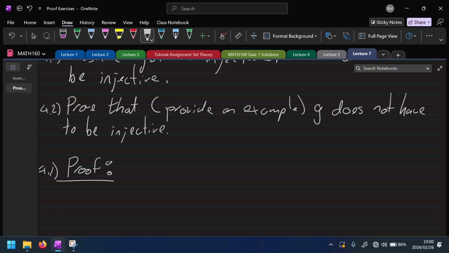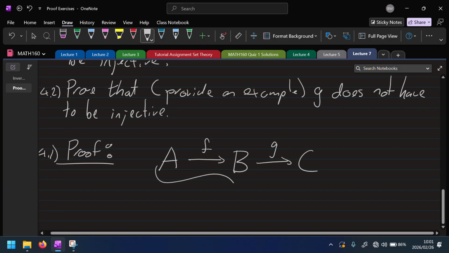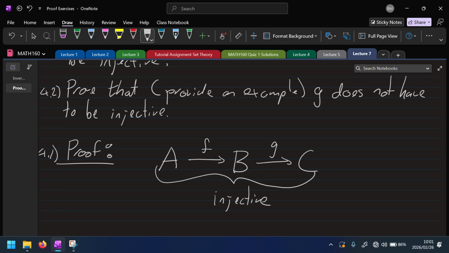So we're going from A to B to C. We've got the composition chain. f takes us from A to B. g takes us from B to C. And we know that the whole thing, the composition, is injective. Now we want to show that just this first one must be injective. Second one does not need to be injective.